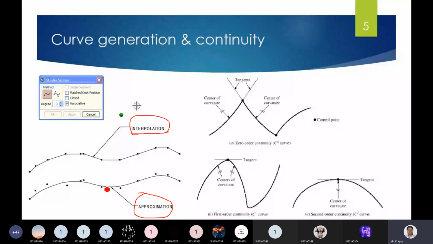Whereas some other synthetic curves take averages, try to calculate average distances and many other things into account, and finally generate a much smoother curve as an approximation. This is another category of synthetic curves.